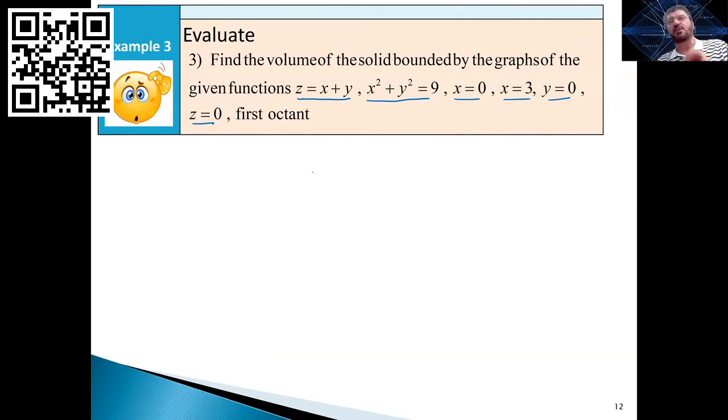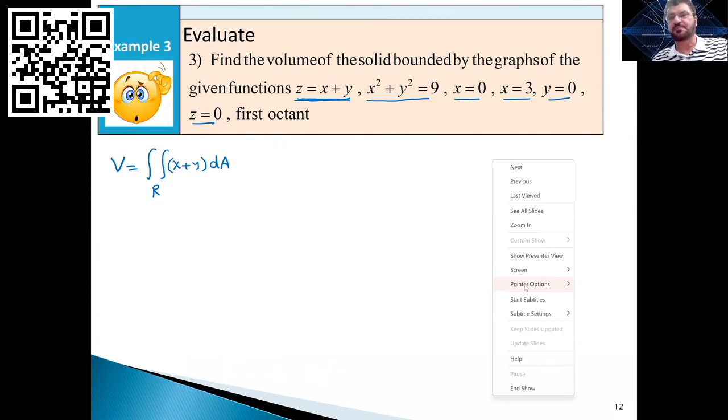So now z is equal x plus y. This is the integration. So the volume will be the double integral on R. Who goes inside always? z, right? Which is f of x, y. So x plus y. Then we say dA.